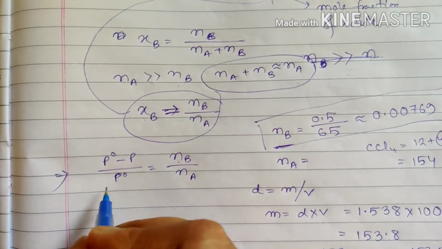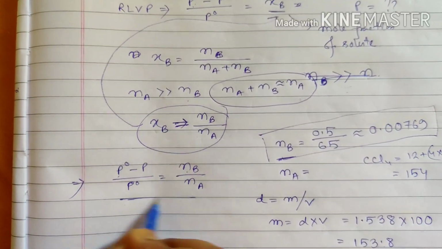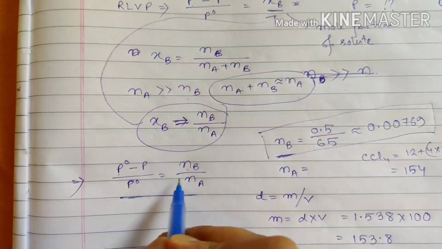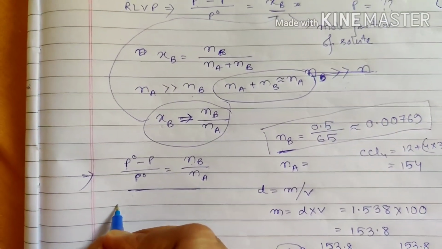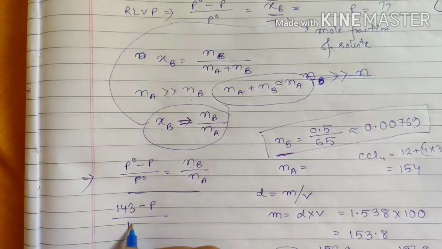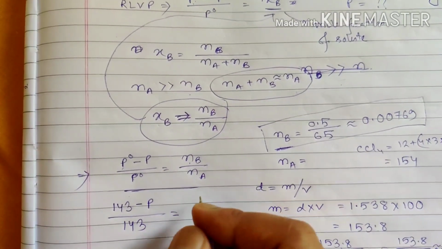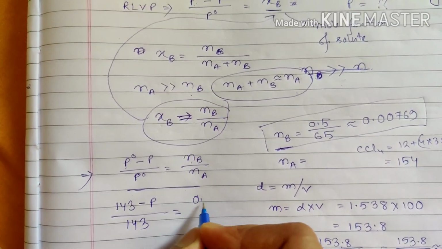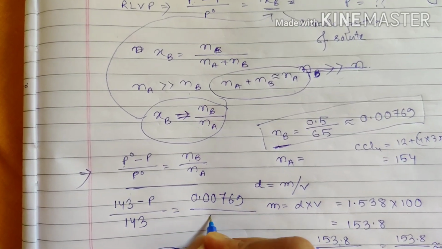Now in the original formula, P0 minus P divided by P0 is equal to nb by na. P0 is 143, so 143 minus P divided by 143 is equal to nb, which is 0.00769 divided by 1.